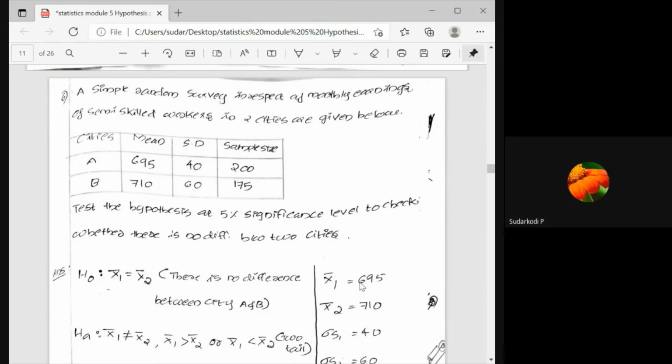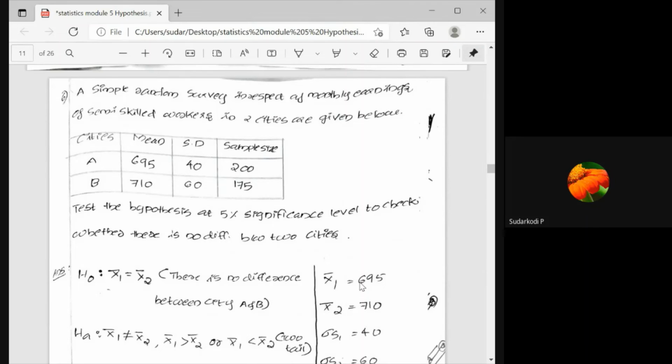So when there are two populations and two samples, what you are going to test here is not as in the previous 2-3 sums, where you framed the null hypothesis to represent the population, so you always framed that mu is equal to the population mean.